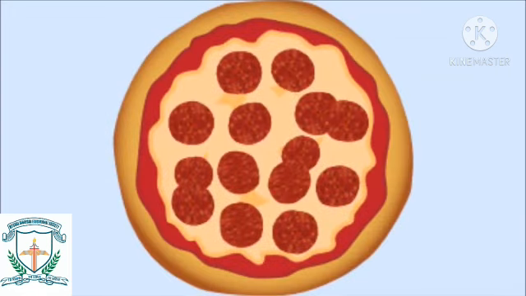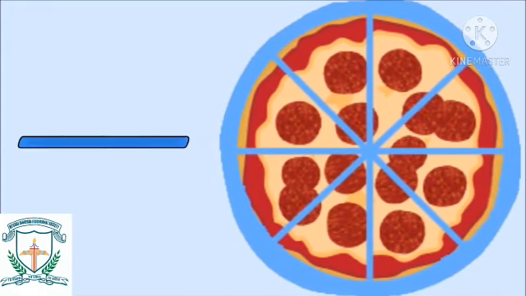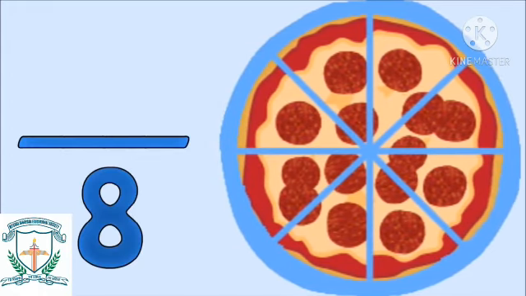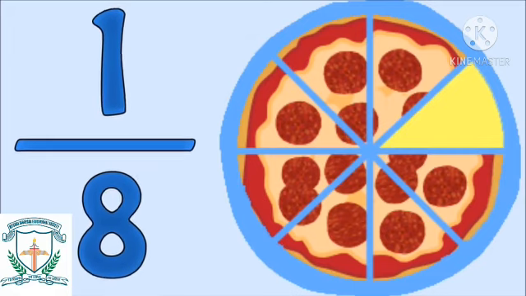For example, a pizza is usually divided into 8 slices. That means in a fraction, the denominator will be 8. If you eat 1 slice of pizza, then the numerator will be 1. That means you ate 1/8 of a pizza.